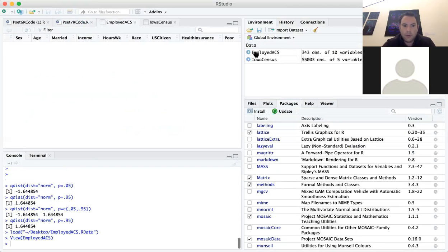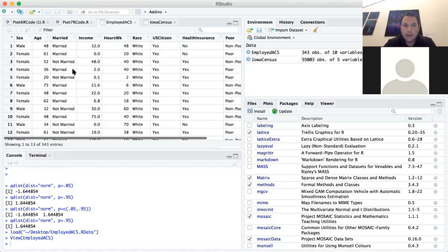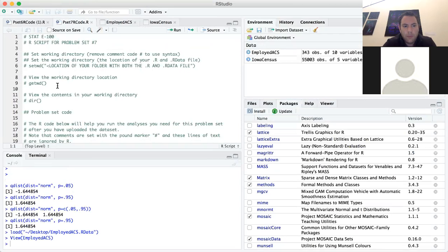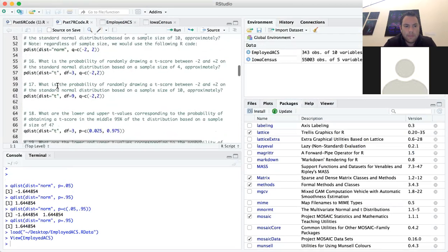We can look at this employed ACS data set. So this is dealing with the data as you see here. It's similar demographical data as that last data set we were looking at. And here we can look at the respective R code.